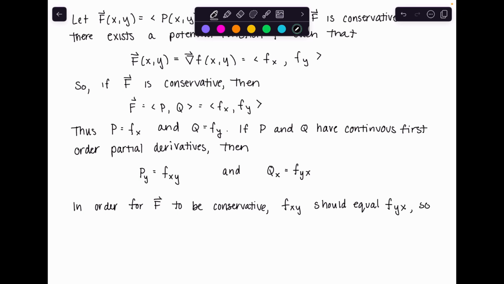So what that means is P sub y should equal the partial of Q with respect to x.